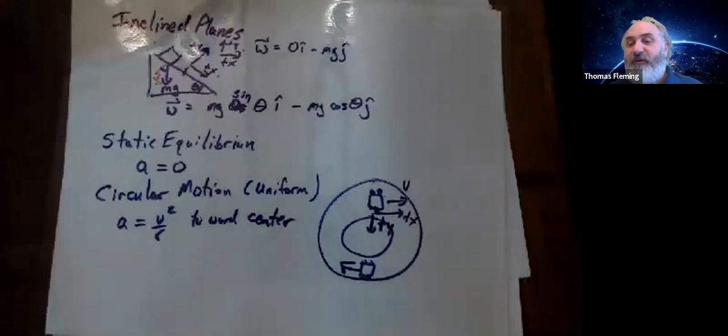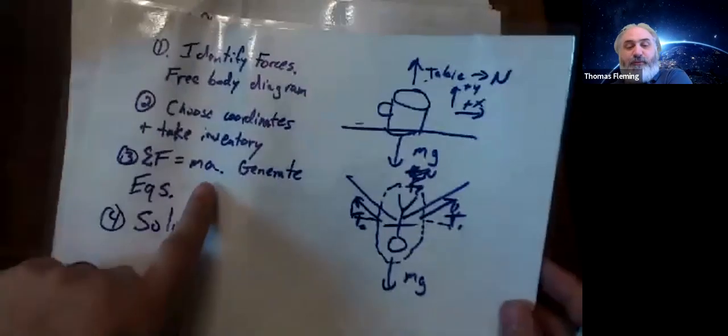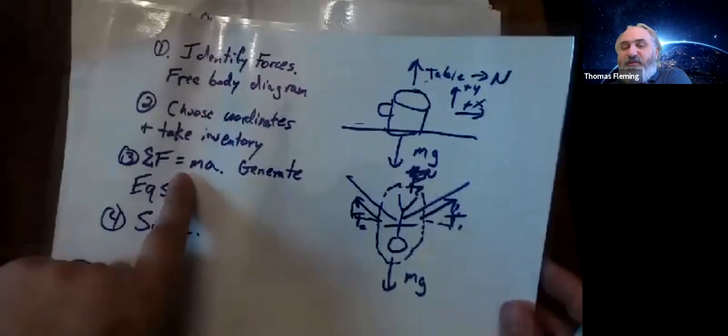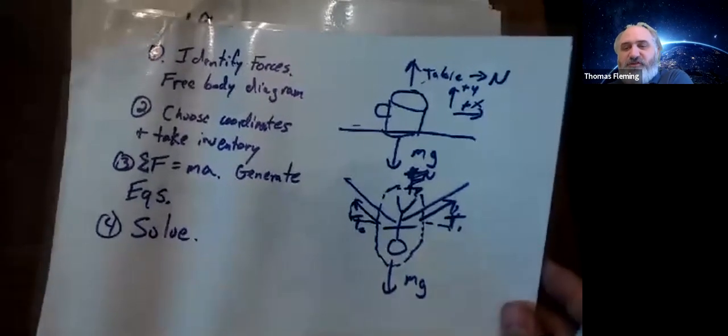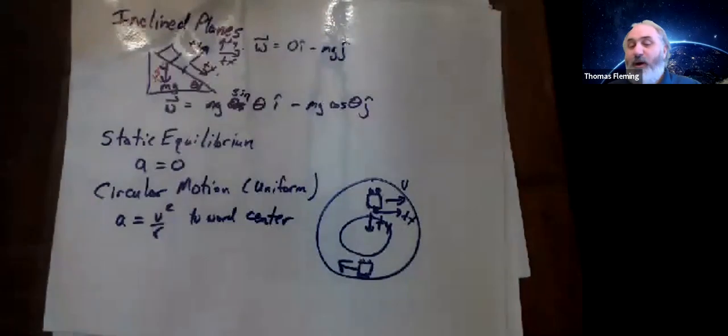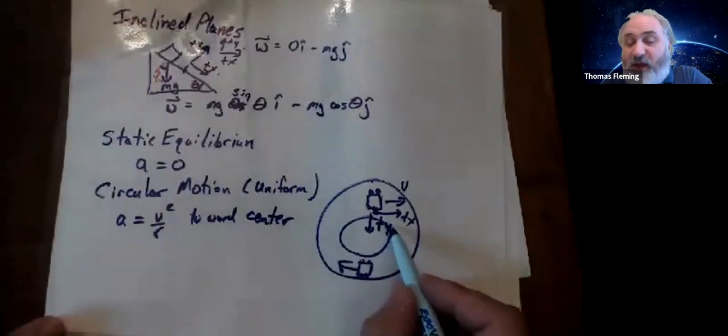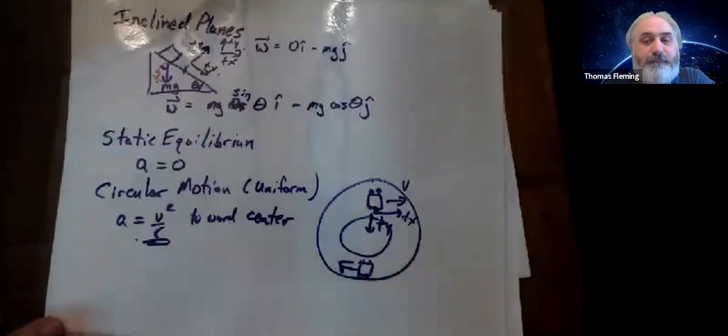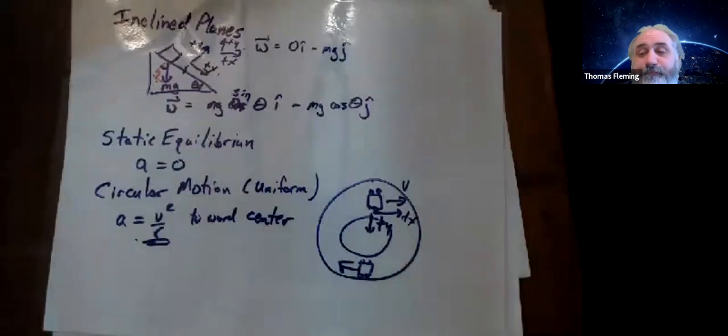The reason that helps me is because when I go do my equations in step 3, I'm going to do F equals ma, which means I'm going to get one equation in the x direction and another equation in the y direction. However, the acceleration in the y direction is going to have to equal v squared over r. So I put that in, and that's the trick. So that's what I do with circular motion. That's the whole way of breaking that down.